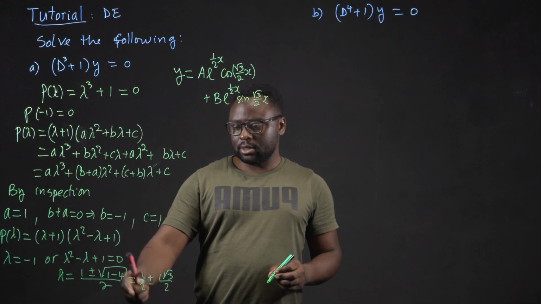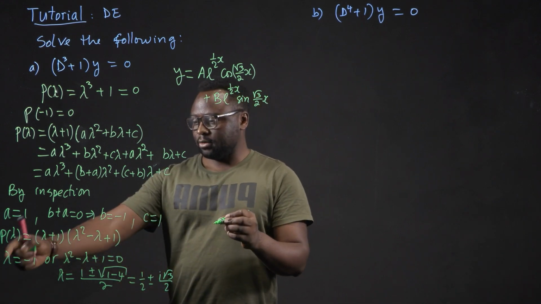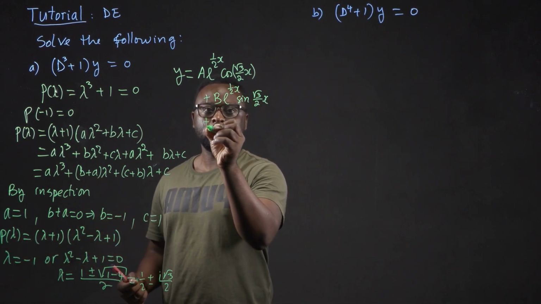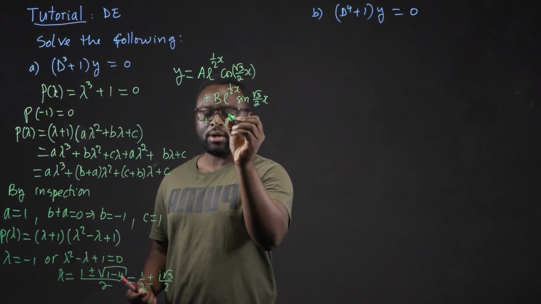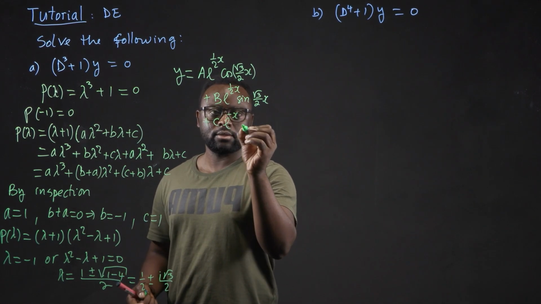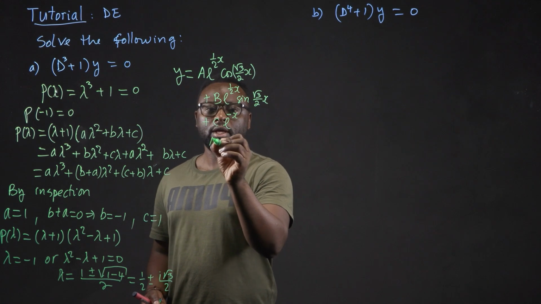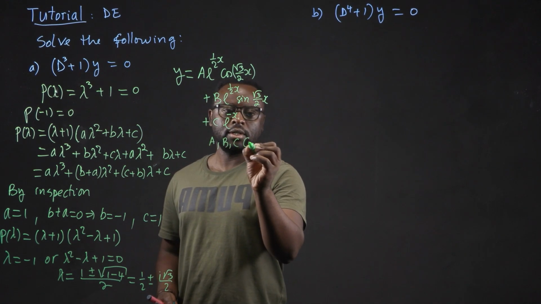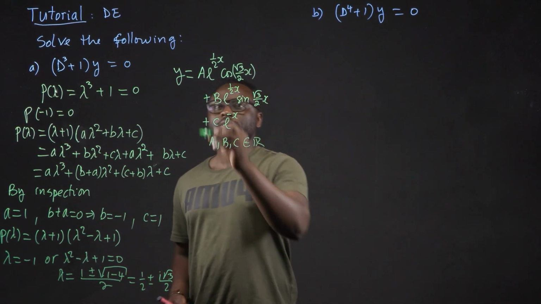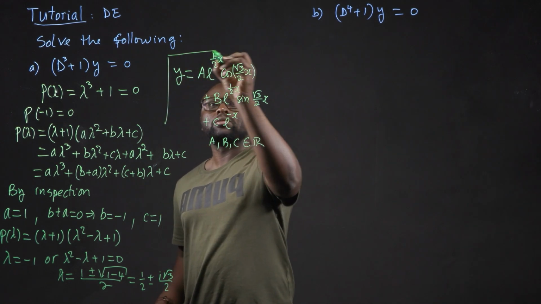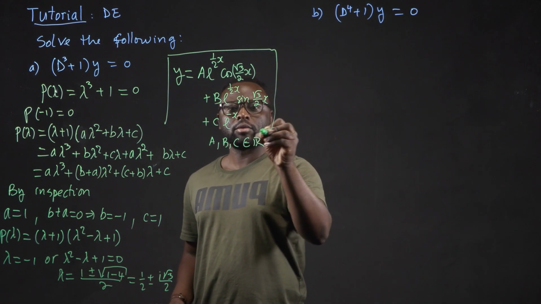This is for this part. For the last part, we have c times e to the power minus x, with a, b, c all in R. So this is the solution to the first example.